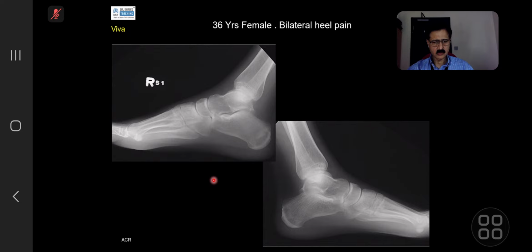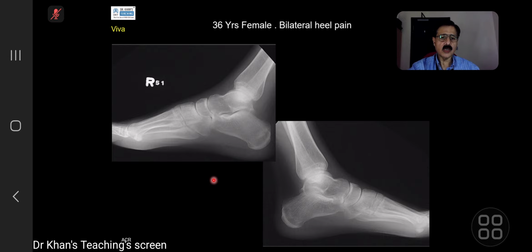There is a sclerotic line involving the calcaneum, more on the right side. And conclusion? Calcaneal stress fracture.